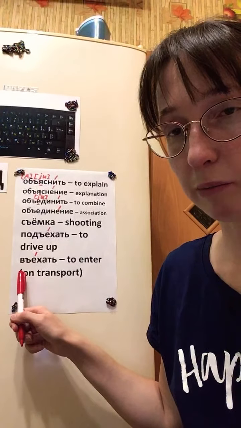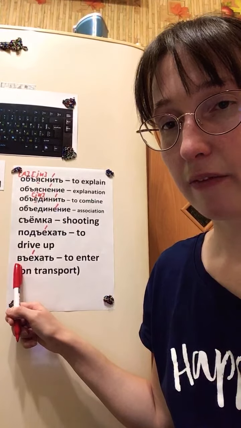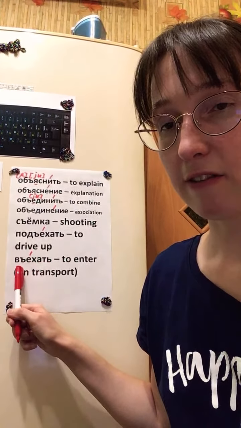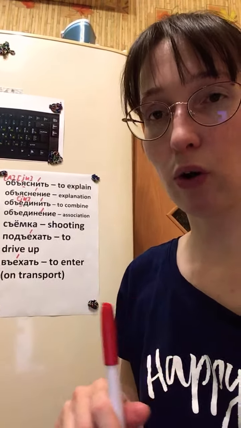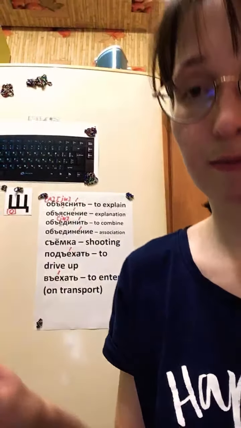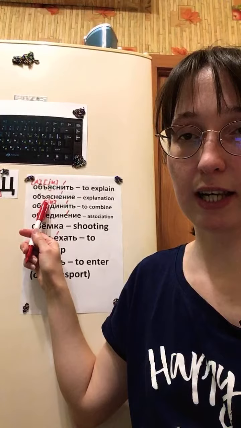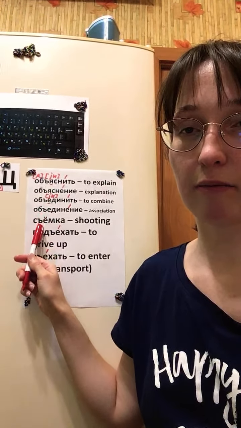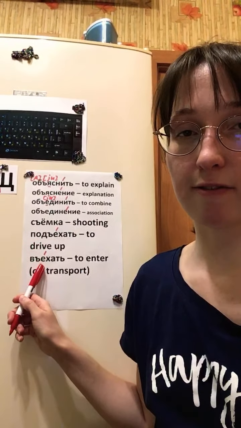Try to read this word by yourselves first. 1, 2, 3. Въехать. Let me read all these words really fast. Объяснить. Объяснение. Объединить. Объединение. Съемка. Подъехать. Въехать.